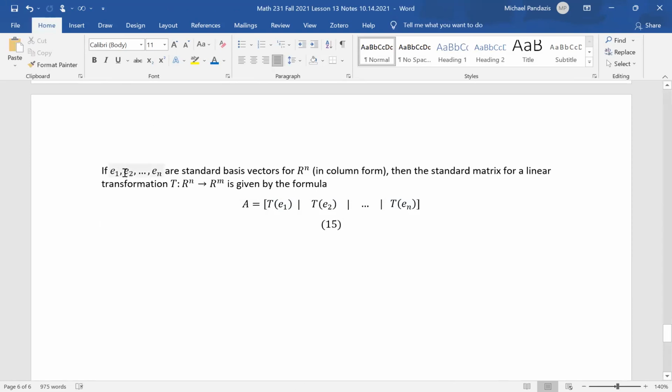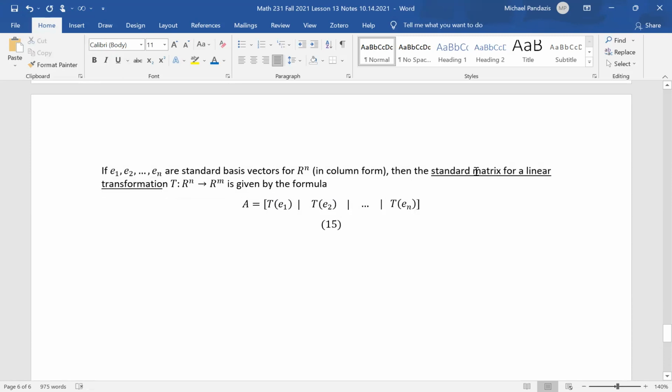So if E1 to En are standard basis vectors for Rn in column form, then the standard matrix for a linear transformation T from Rn to Rm is given by this formula. What is the standard matrix for a linear transformation?